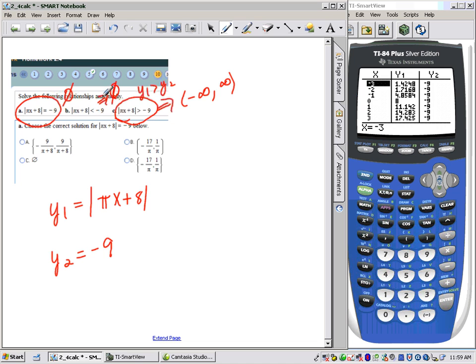Where is y1 less than y2? Nowhere, right? None of these positive values are ever going to be less than a negative. Where is it equal to negative 9? Again, that's never going to happen. So your table is a pretty handy tool to help you see and visualize the solutions as well. Okay.